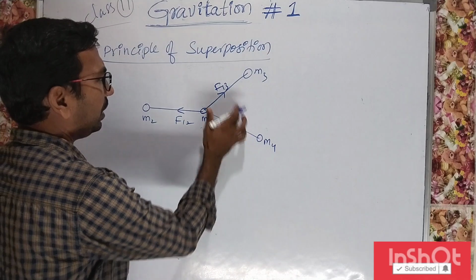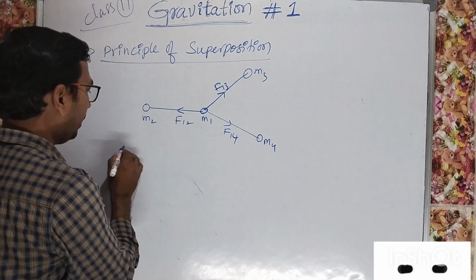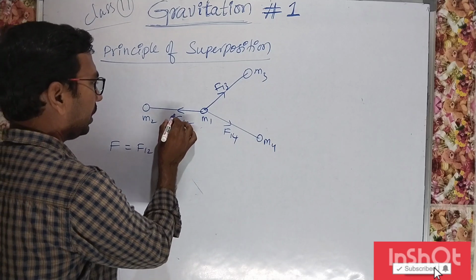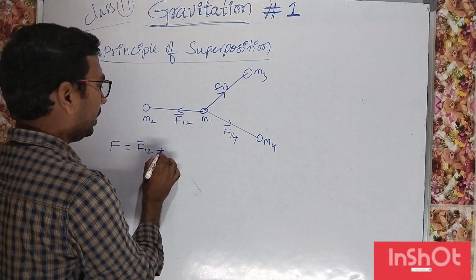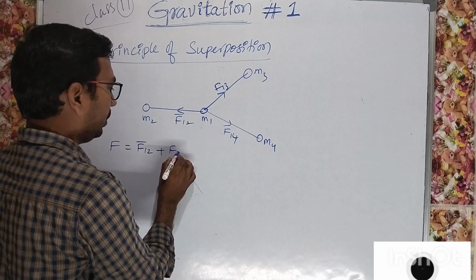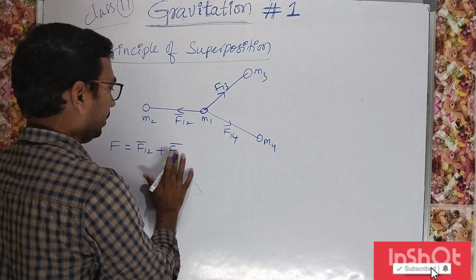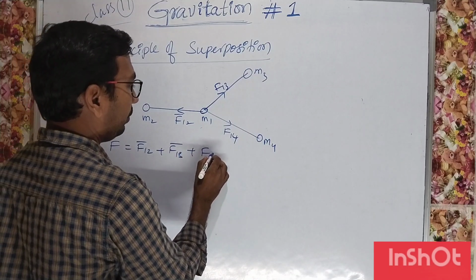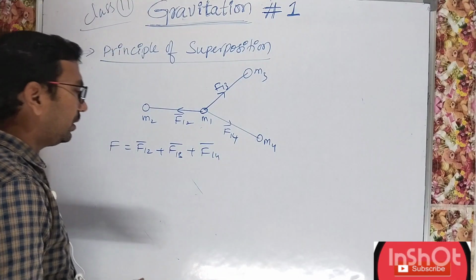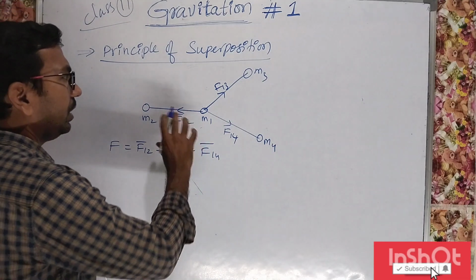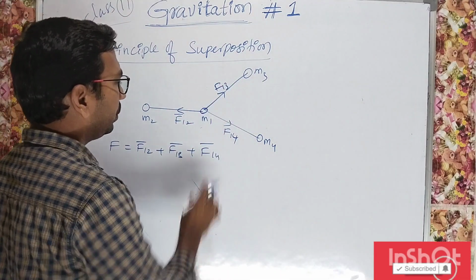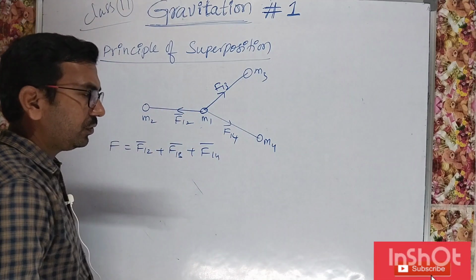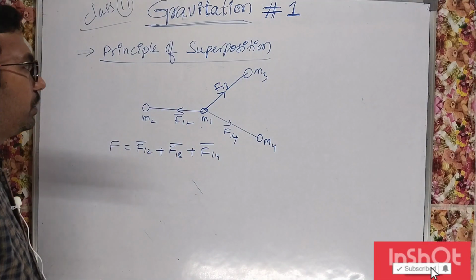The vector sum of all the forces. So F is equal to F12 bar plus F13 bar plus F14 bar. Like that you can add the vector sum of all the forces due to M1. This is the principle of superposition.